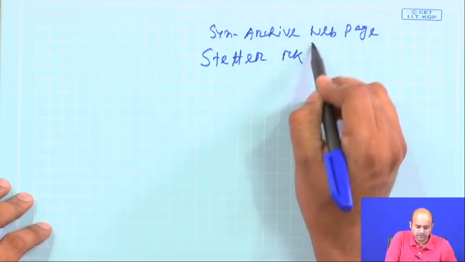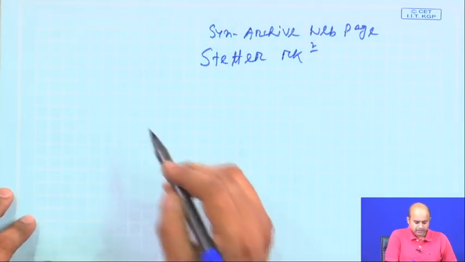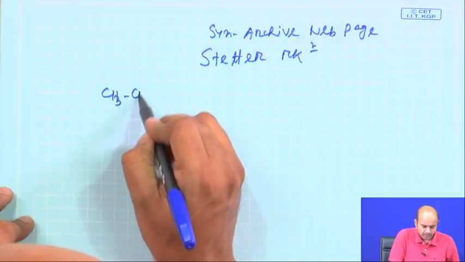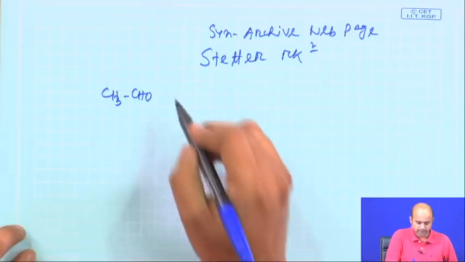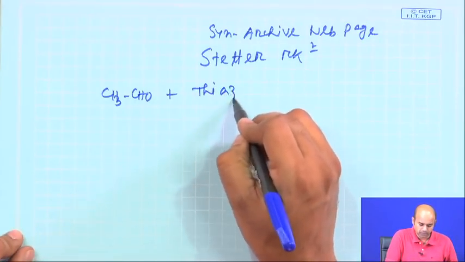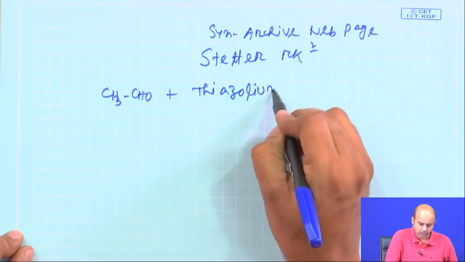The disconnection for Stetter reaction is very straightforward. You react acetaldehyde, as in our case, with this thiazolium salt. Just now we talked about thiazolium salt.